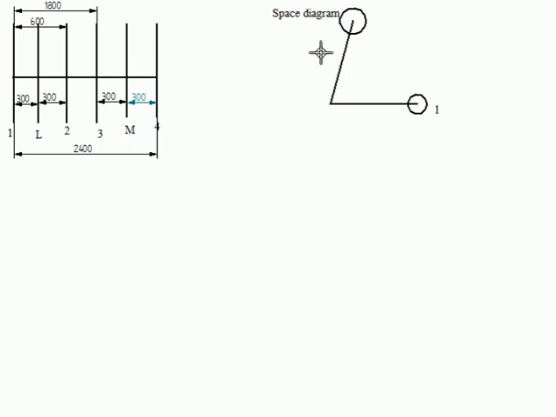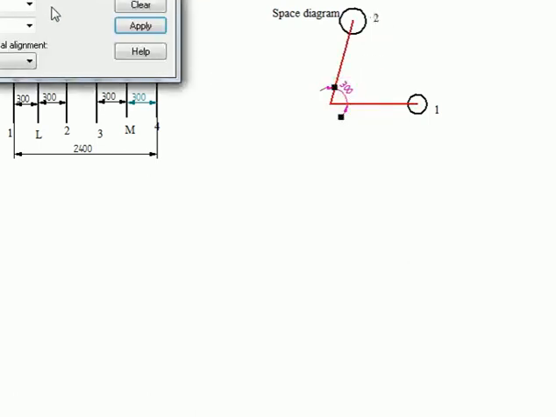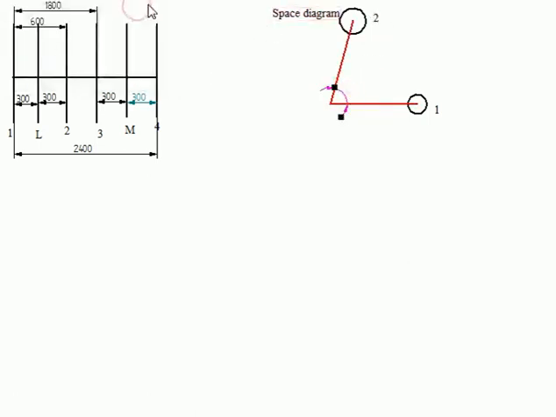Mass 1 and mass 2 are inclined at 75 degree. You can check the angle between these two. This one has to be 75 degree.